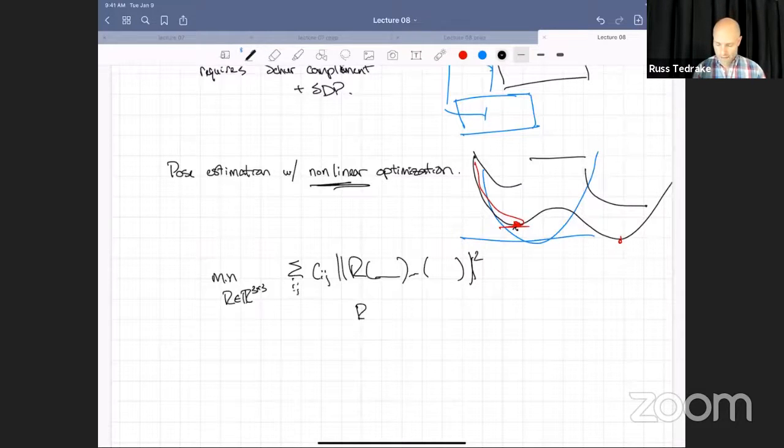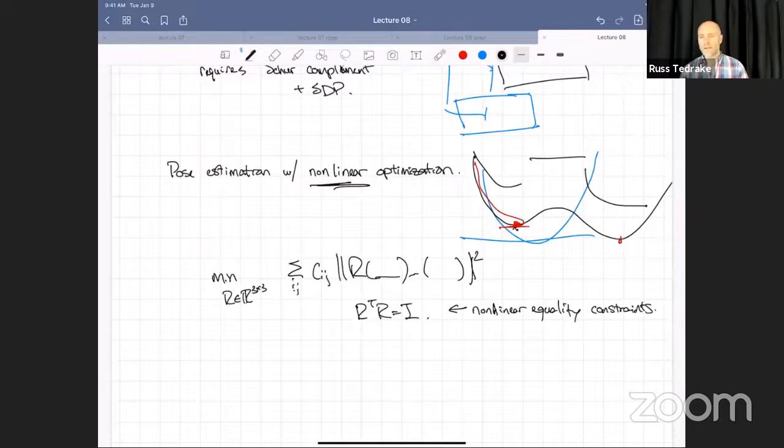I could hand it those constraints, which are non-convex, nonlinear equality constraints, and it will do its level best to try to satisfy them. Now, in practice, there are a number of different solution techniques that people use for nonlinear optimization. The one that we default to in Drake and for this class, which works well in these kinds of problems, is a sequential quadratic programming solver.